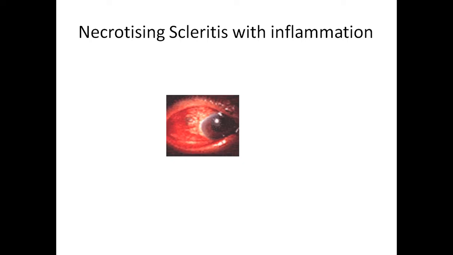In this picture, you can see all the three things. You are seeing the sclerotic nodule, which is inflamed, the tongue-shaped opacity in the stroma of the cornea, and on the posterior surface of the cornea, numerous grayish white keratic precipitates.